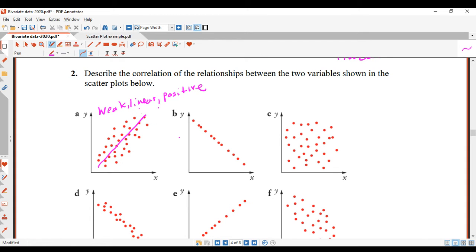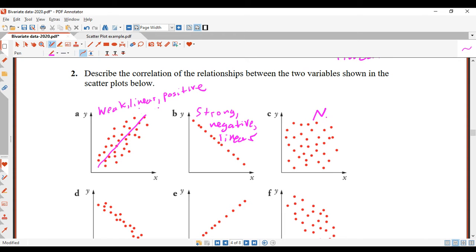Let's look at the next one. So this is, if we draw a line here, this would be going down from left to right. This is a very strong correlation. You see all those points lie on the same straight line. So strong, negative, and linear.